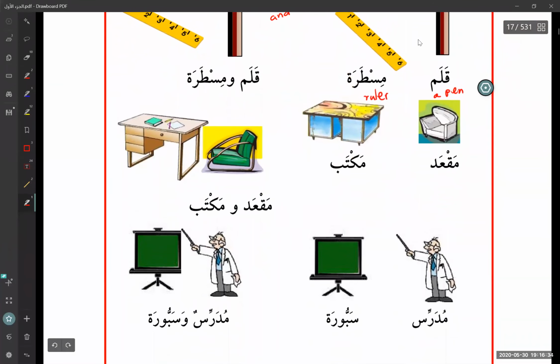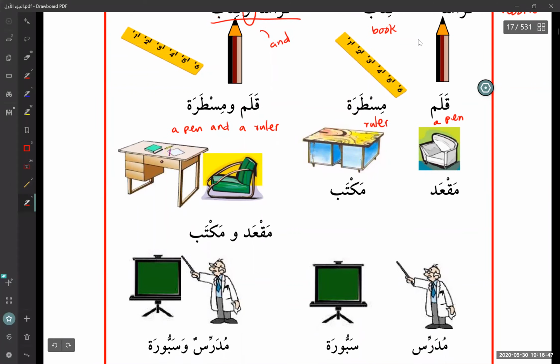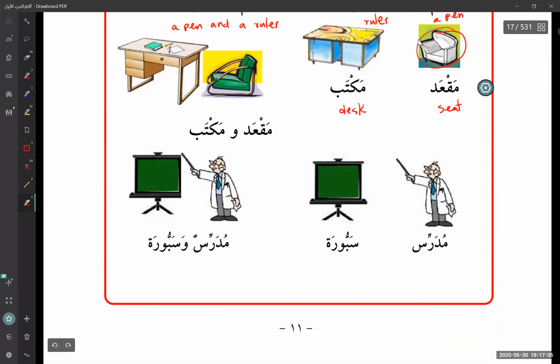Then the next set of words we have maqad. Maqad means a seat. And maktab means a desk. A seat and a desk, and that's maqad wa maktab. It means a seat and a desk.